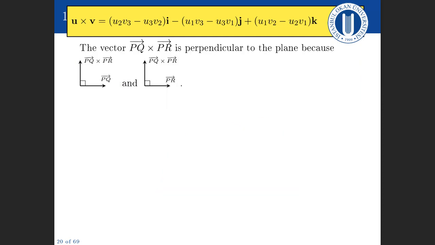We could take the cross product. We want the vector PQ cross PR because PQ cross PR is orthogonal to PQ by definition, and it's orthogonal to PR. If it's orthogonal to both of these vectors, then it must also be perpendicular to the plane.